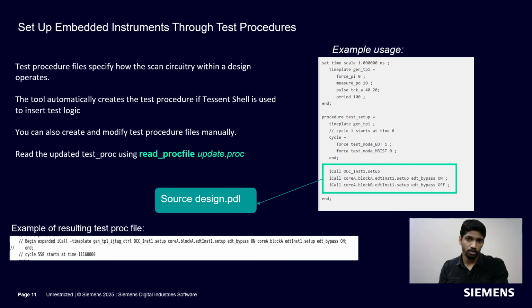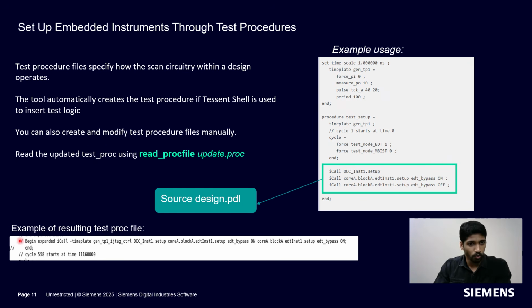If you are providing this icall command to a block which is inside the current design, that is the physical or subblock, you need to provide the complete instance path here. But please mind that you need to source the design.pdl, that is the PDL file, in order for the tool to trace the complete path of this block.